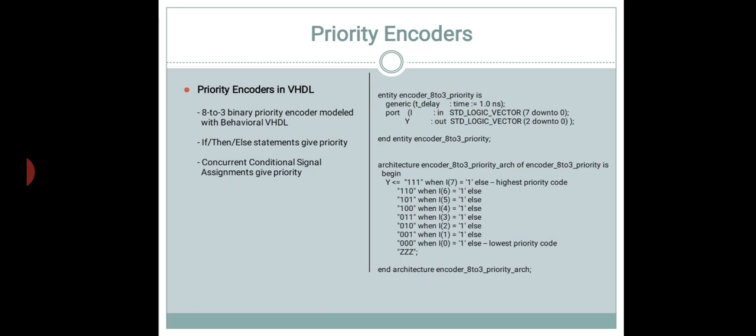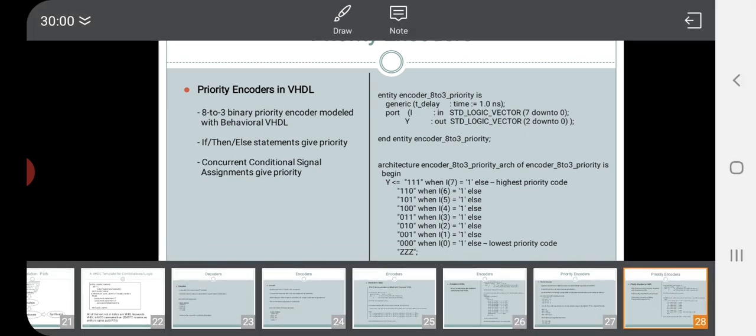So depending upon the priority of the most significant bit, the output will be generated. In this way the prioritization of the MSB bit to the LSB bit can be done, and the corresponding code has been written here.